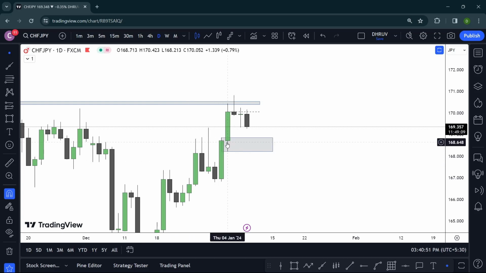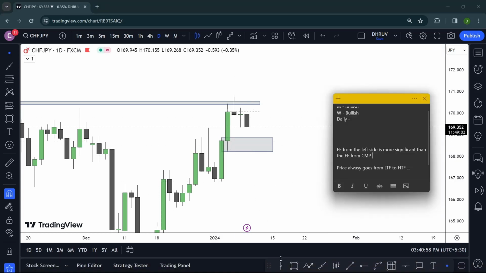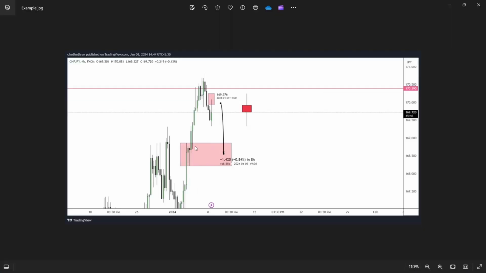So this dominant area is significant to watch. So this was my target over here.